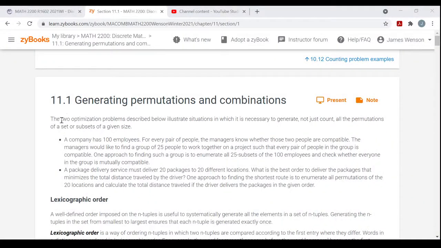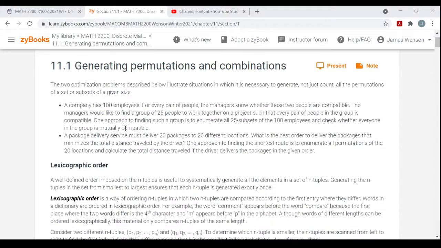Alright, so the two optimization problems described below illustrate situations in which it is necessary to generate, not just count, all the permutations of a subset or of subsets of a given size. So like, a company has 100 employees. For every pair of people, the managers know whether those two people are compatible.